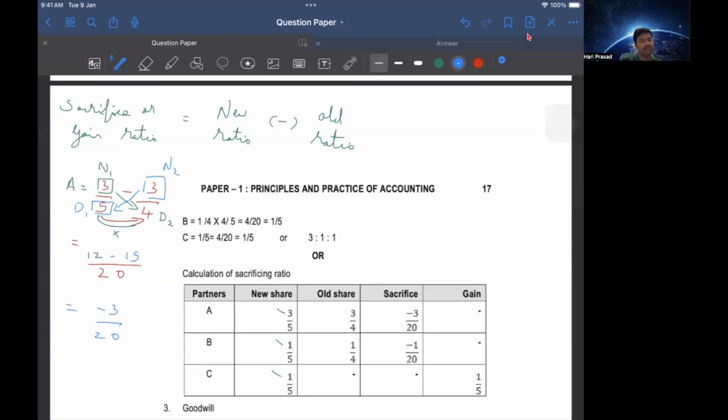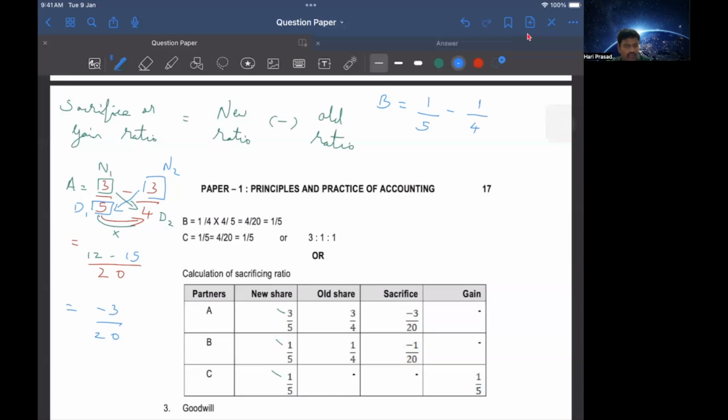Now let's find whether B is sacrificing or gaining. Same. What is the new ratio of B? 1 by 5. Minus the old ratio of B, which is 1 by 4. How to subtract fractions?